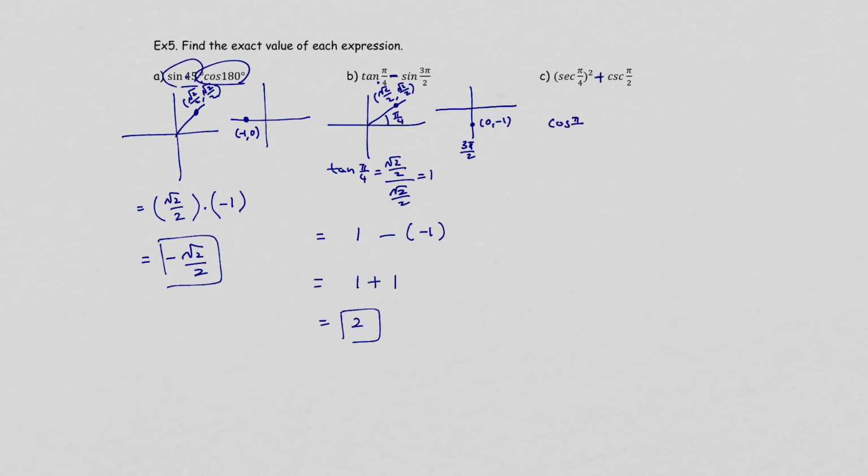Cosine of pi over 4 is square root of 2 over 2. So secant pi over 4 should be 1 over square root of 2 over 2, which is 2 over square root of 2. How do we get that? It will be 2 square root of 2 over 2. When you multiply square root of 2 on the numerator and denominator, you get 2 square root of 2 over 2. Cancel out, which is going to be square root of 2.